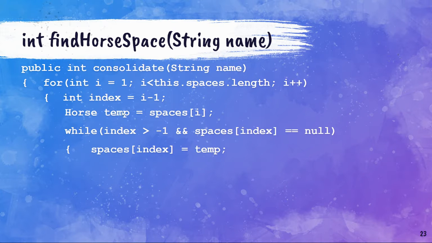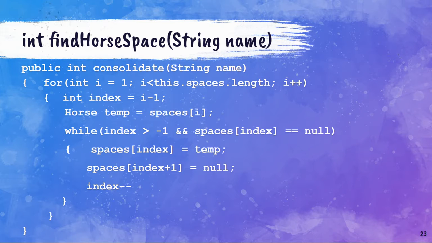All right, that's this guy here. So this is the iterator that's moving backwards, and while I'm in this, if that's the case, here's where I'm going to assign that one to null, and I'm going to decrease index. So those are the 3 things that I need to do inside that while loop to move those elements back.